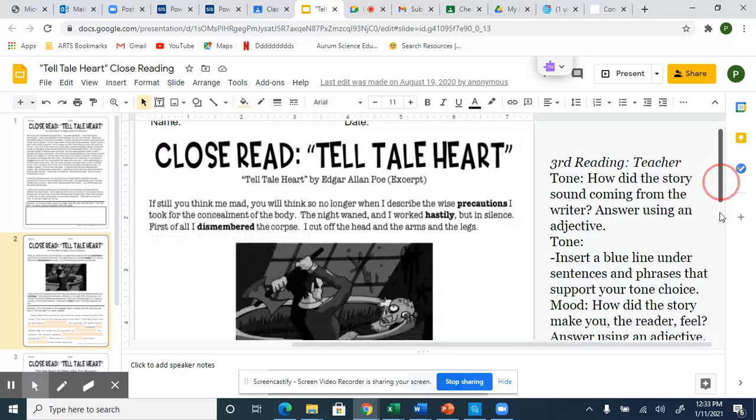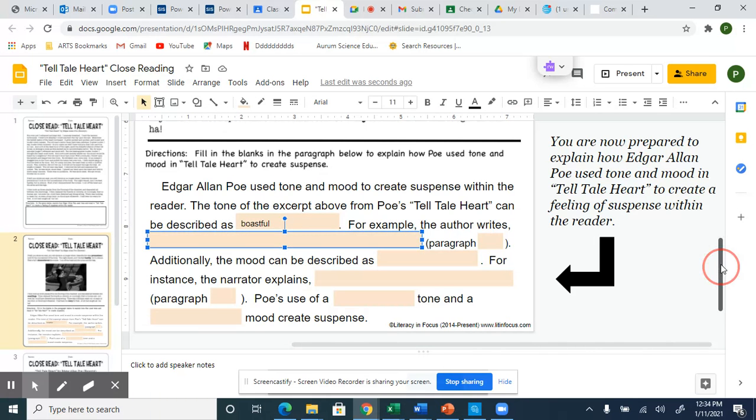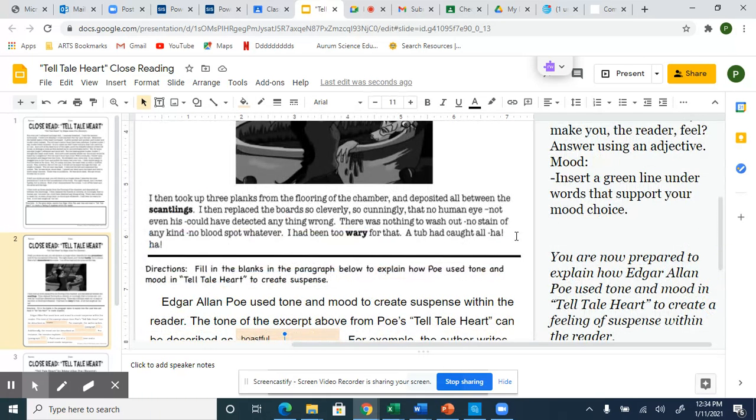So his tone is almost boastful. That's B-O-A, boastful. He's boasting. For example, the writer, and so how is he being boastful?